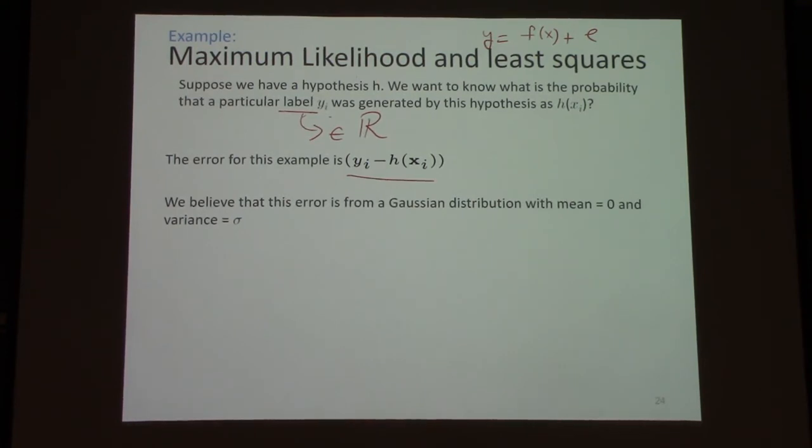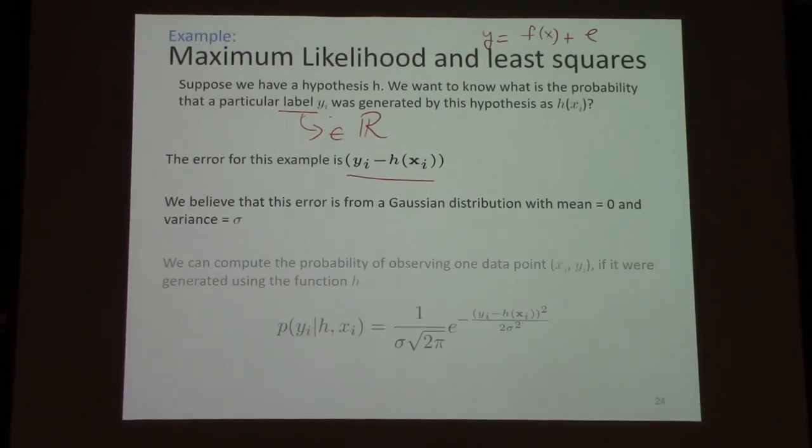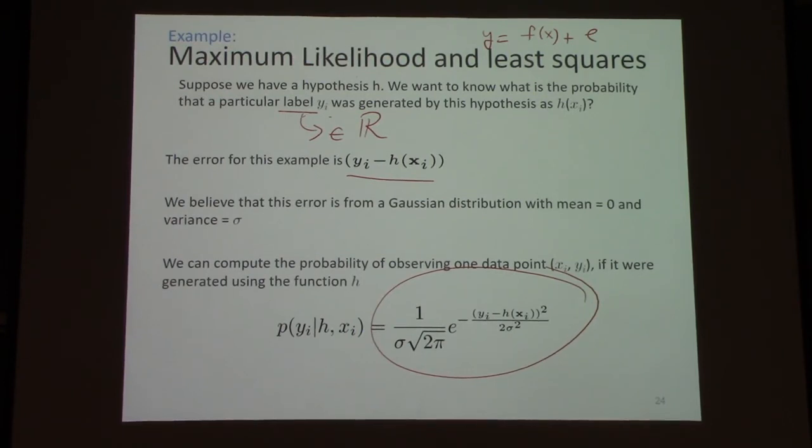And under our generative story, we believe that this value of error is from a Gaussian distribution that has zero mean and a fixed, and this is important, fixed variance sigma. Which means we can ask, what is the probability of observing this particular data point? It comes from the Gaussian distribution, because the error is Gaussian.